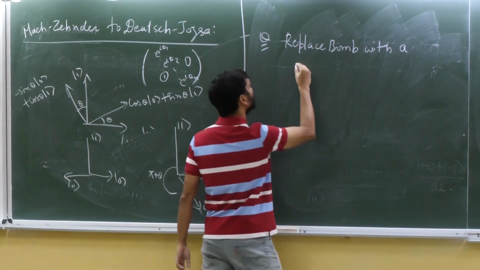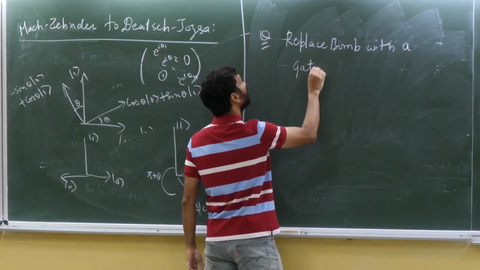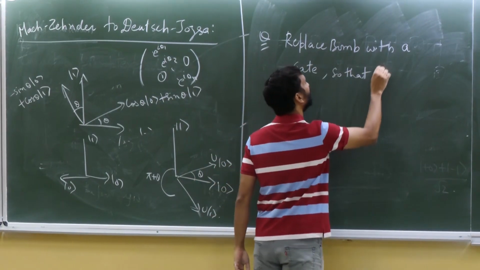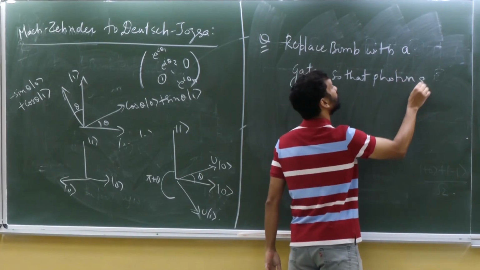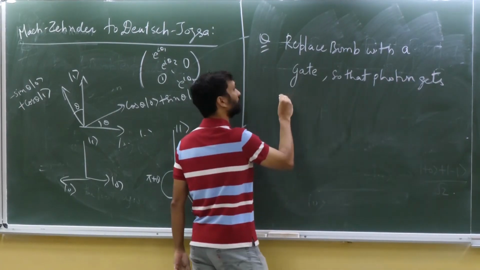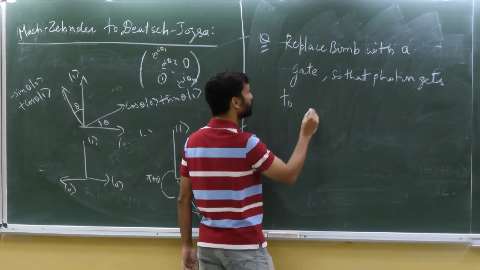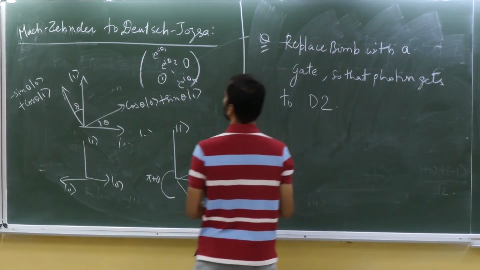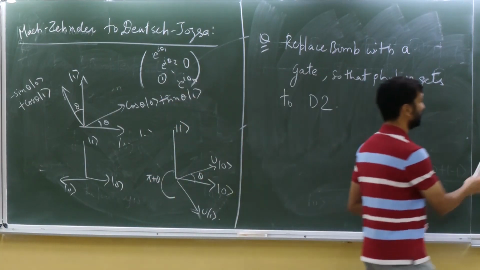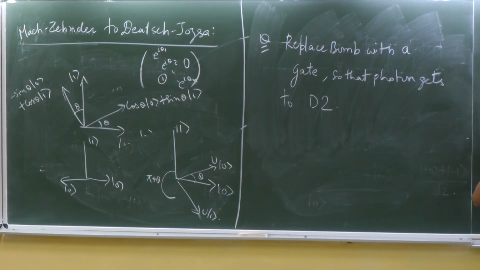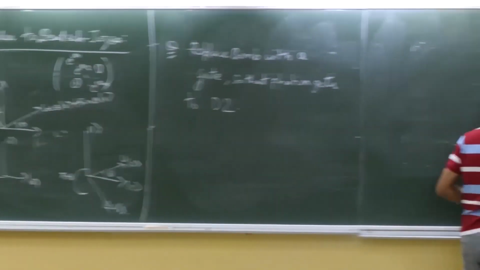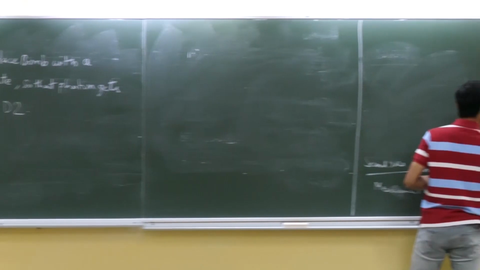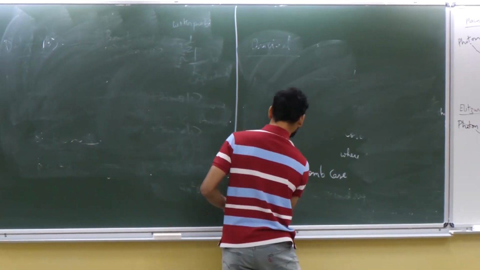Replace the bomb with a gate so that the photon gets to D2. And let me erase this so that you don't keep looking at the probability going to one case. We have reset it.